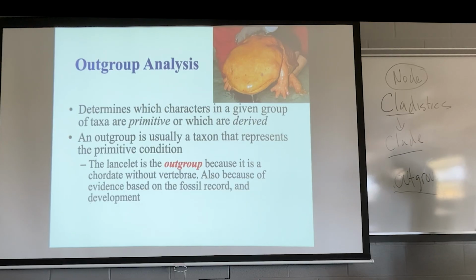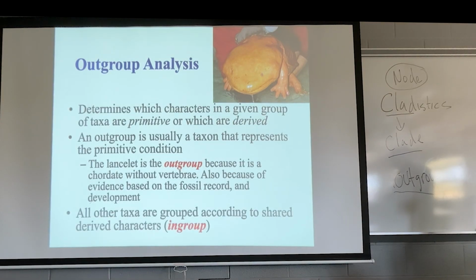All right, so it shows all chordate characters, but doesn't have the apomorphy that separates vertebrates from the rest of them, and that is the backbone. And it will be your basal taxon to all vertebrates. So all other taxa that are in the tree are called the in-group taxa, or the taxa that make up your clade, which you can trace back to a common ancestor, which is going to sit between the lancelet and the rest of the groups.